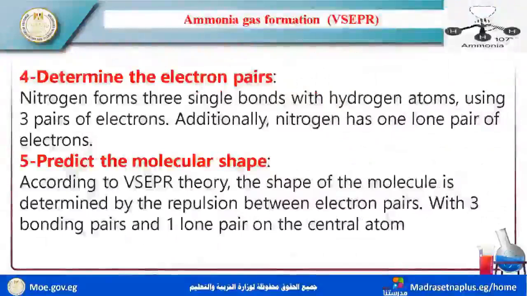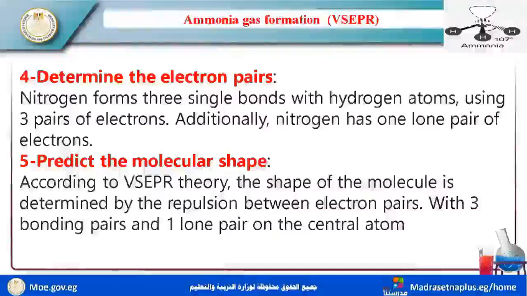Nitrogen forms 3 bonds with hydrogen atoms using 3 pairs of electrons. Additionally, nitrogen has 1 lone pair of electrons, and we can predict the molecular shape according to VSEPR theory. The shape of the molecule is determined by the repulsion between electron pairs, with 3 bonding pairs and 1 lone pair on the central atom.